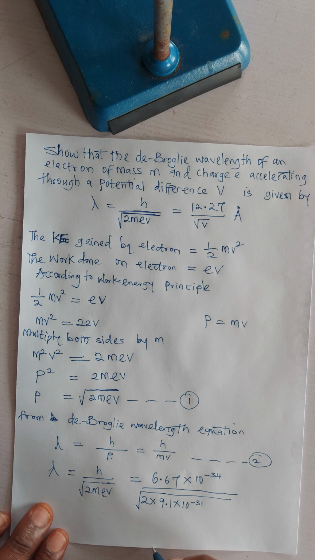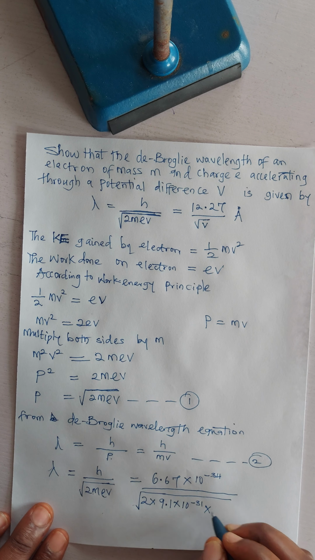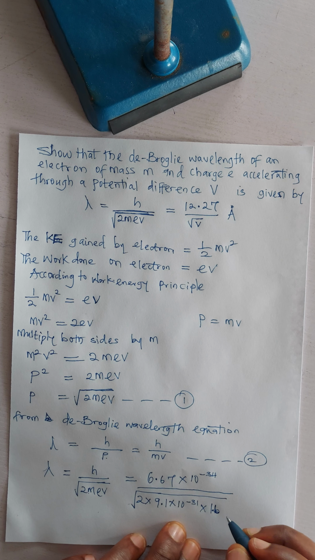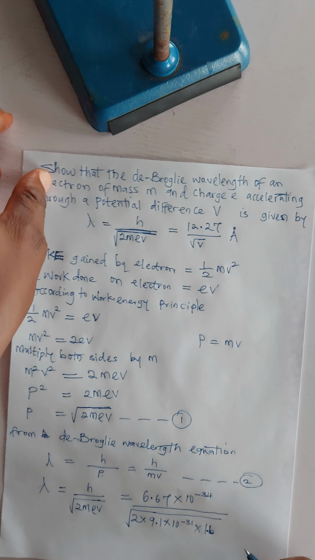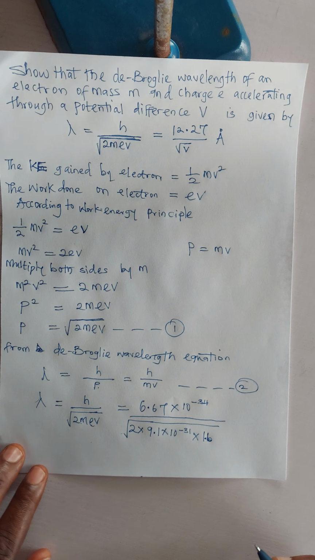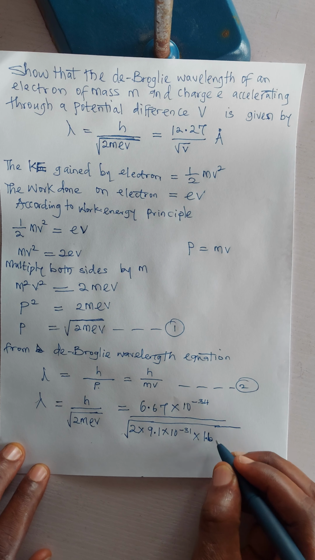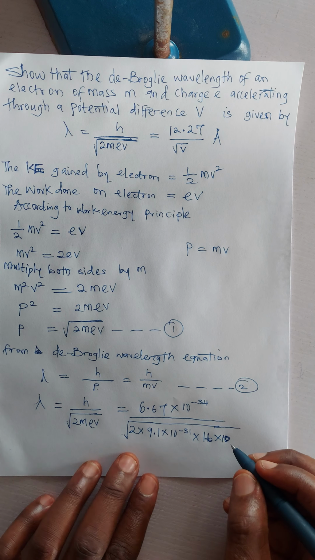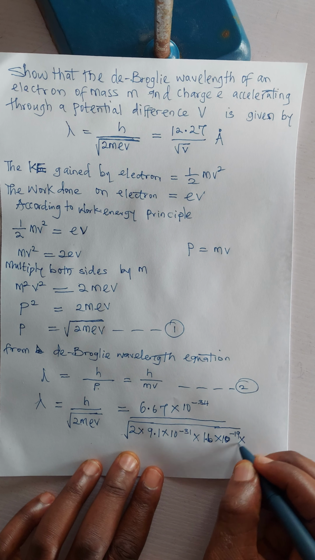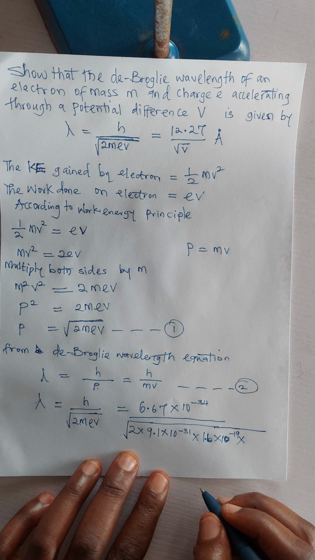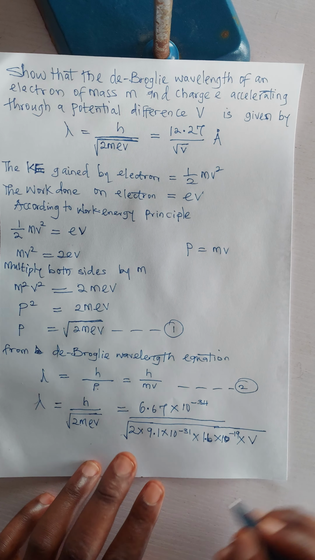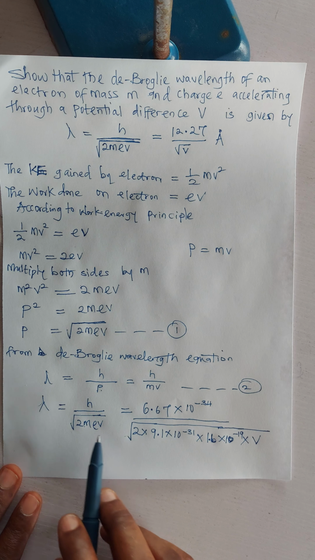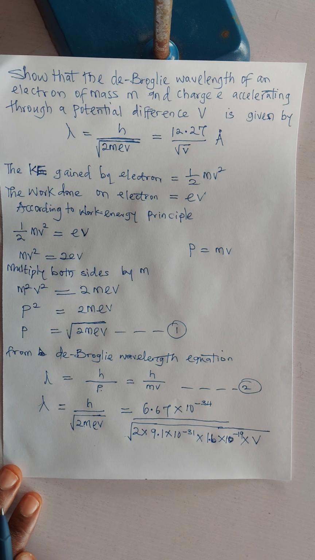Okay. Charge of electron is 1.6 times 10 raised to the power of minus 19, times V. Okay, I've substituted the values of Planck constant, mass of electron, and charge of electron.